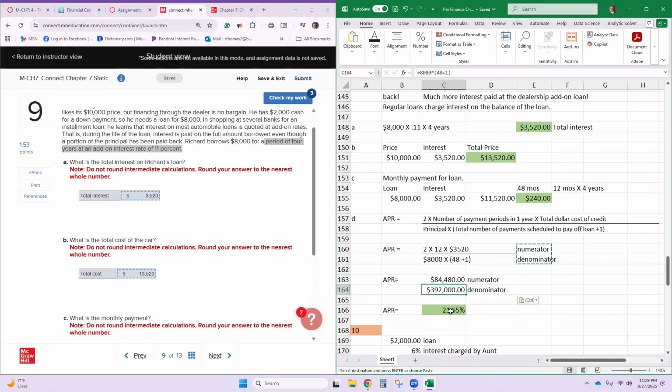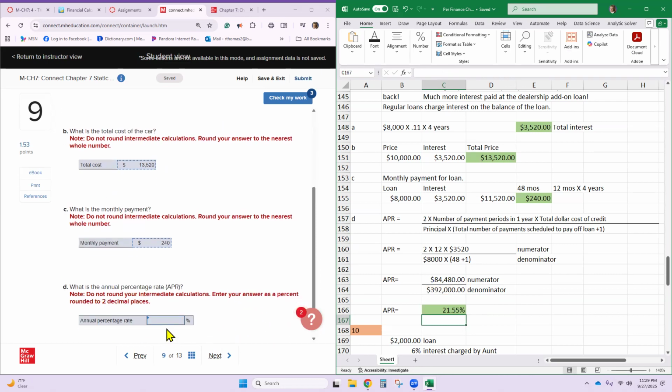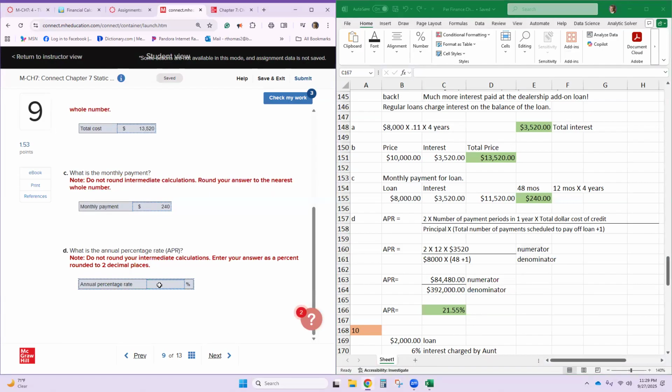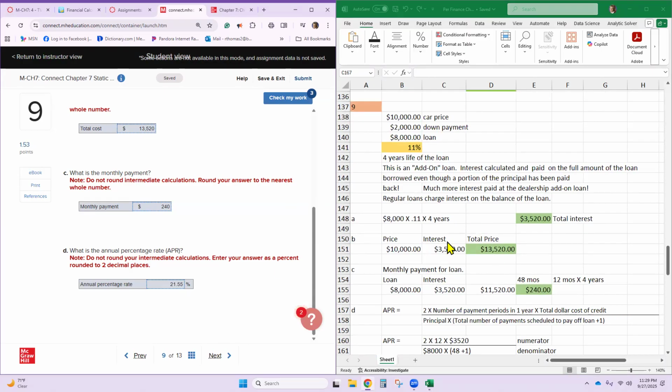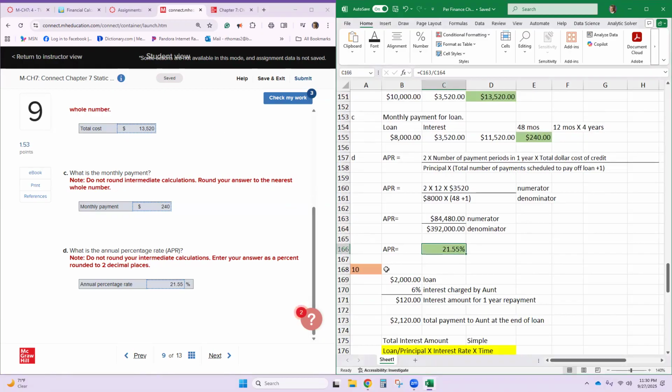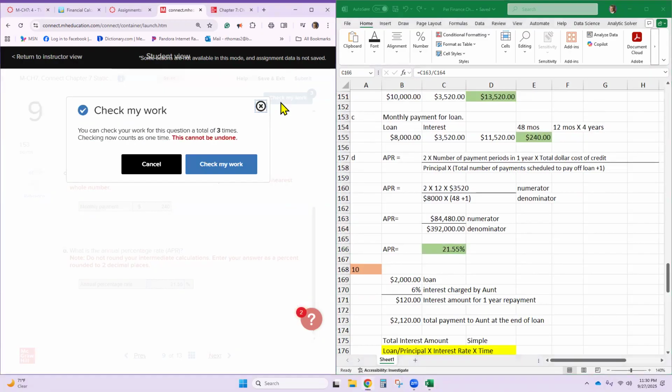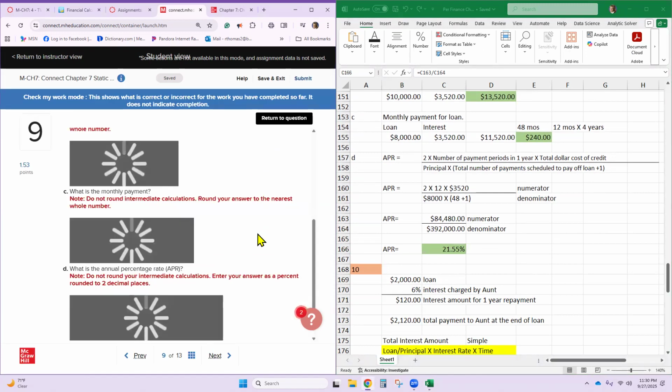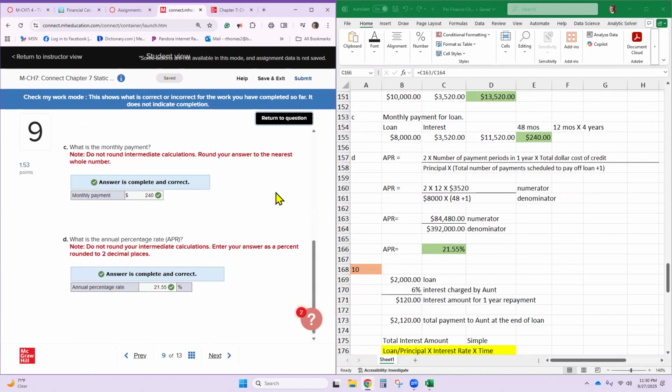You take your numerator and divide by your denominator, and you get 21.55% annual interest rate. So there are several things in there you have to be careful about, but they said the loan interest was 11%, but here's what the annual percentage rate calculated. All right, let's just make sure that I am right. Got it. All right, let's move on.